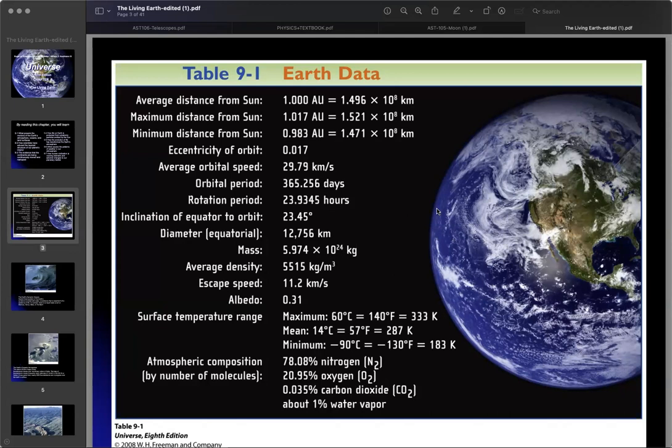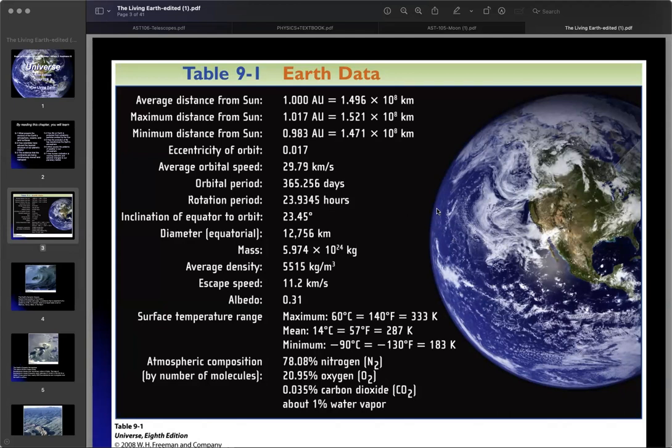Albedo, 0.31. Albedo is the reflectivity of light from a certain planet. This is actually more than the reflectivity of the moon, which is about 0.11. So if you look at the Earth from the moon, the Earth looks much brighter than how the moon looks to us.